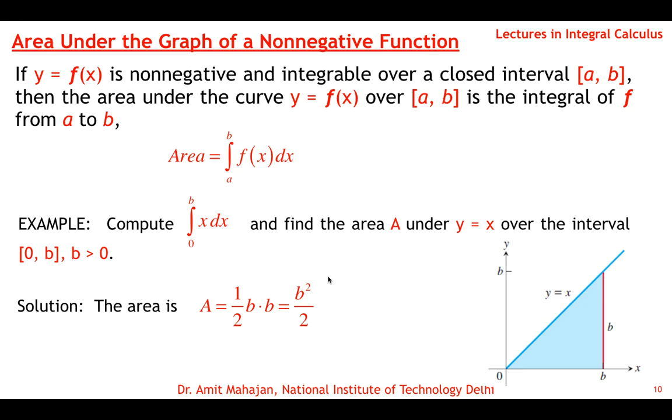We'll calculate this integral using a Riemann sum, to show you how to use the definition of the Riemann sum and the limit on the Riemann sum to find this integral value. Given 0 to b, we can take partitions x0 as 0 and xn as b, and the points x1, x2, x3 and so on. Because y equals x is a continuous function on 0 to b, it does not matter how we choose the partition or what point ck we choose, as long as the norm approaches 0.